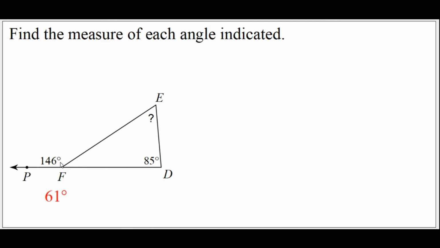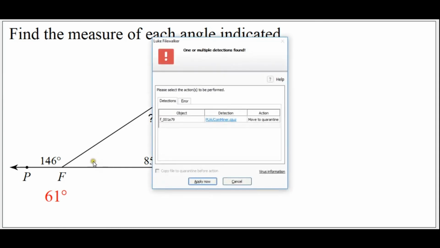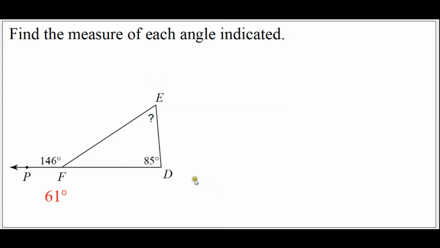Okay, so again, how were we able to find 61, as stated by my student a while ago? The exterior angle will form a linear pair. It cannot be an exterior angle if it will not form a linear pair with the interior angles of the triangle.